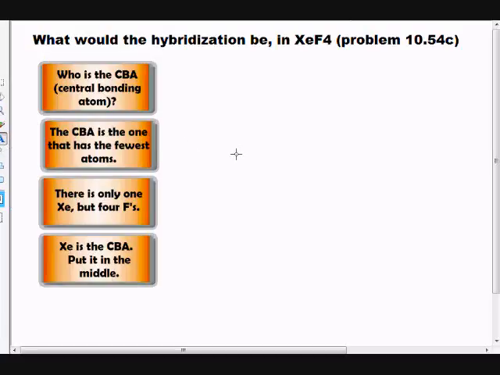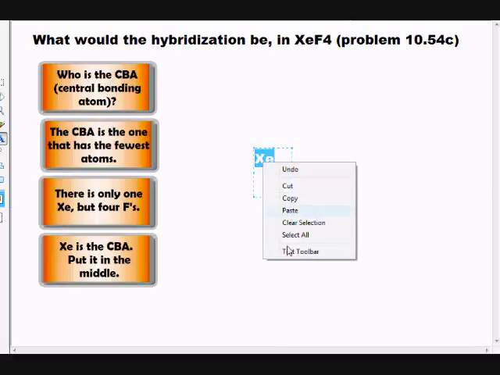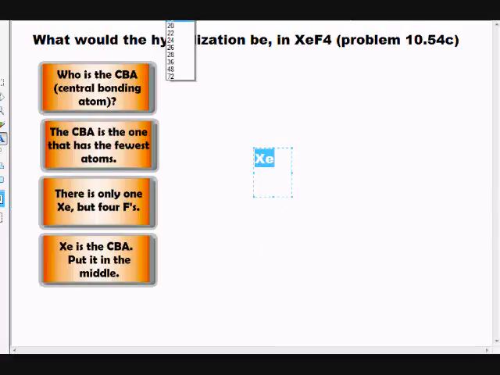In this case, there are only 4 other things, so you can just put those 4 things all around the xenon. Let's make this bigger. Okay, how about that?